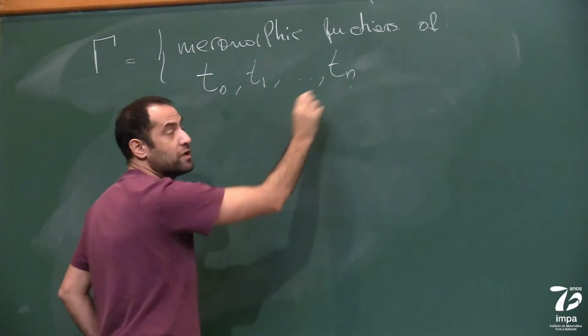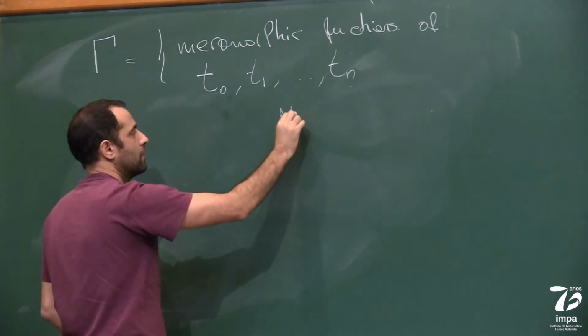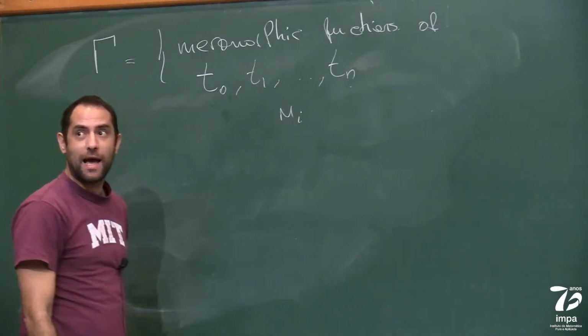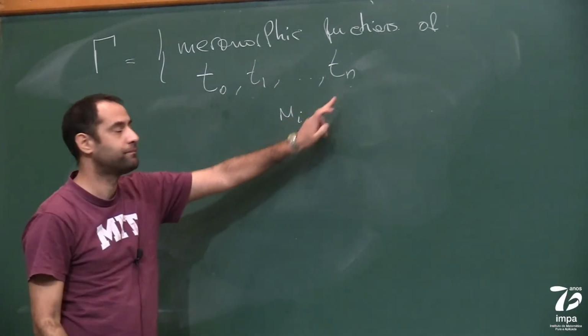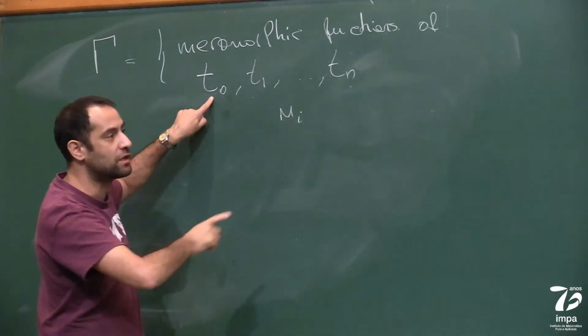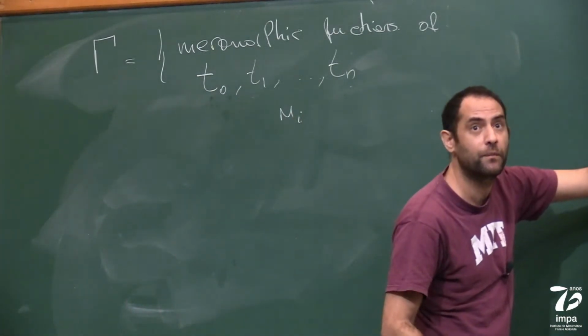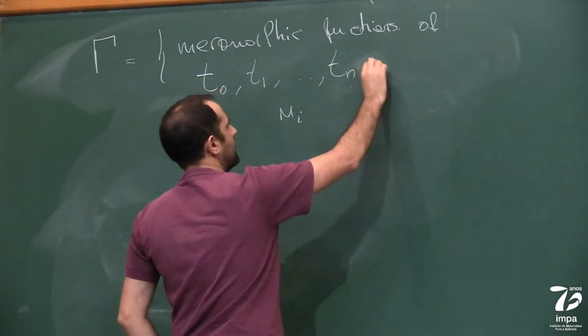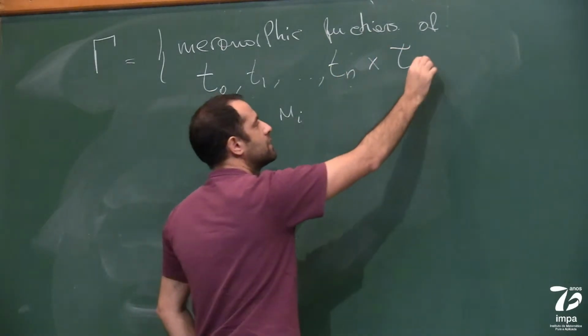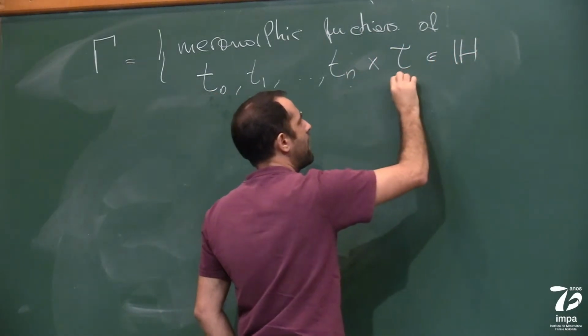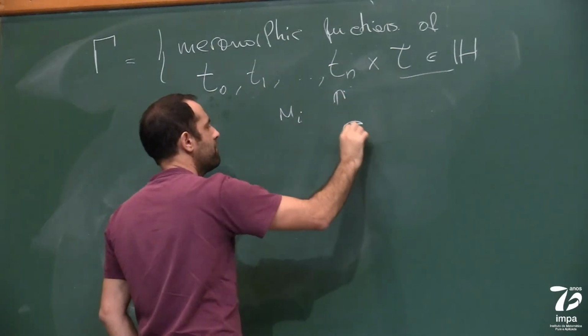These are where I'm going to be putting my modules. My modules are going to be lying over t1 up to tn. And t0 was the original function that I had here. And then tau is going to live in H. These guys are in C.